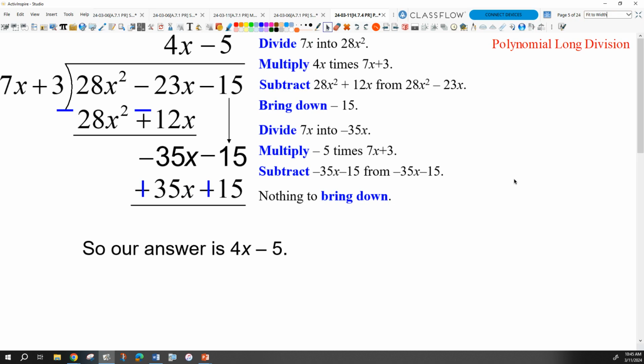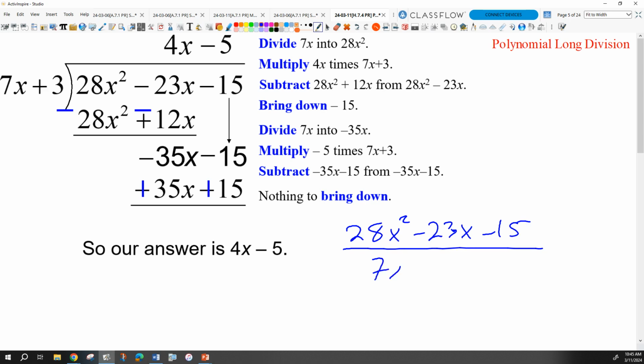We wrote this using a division symbol, but if I write this as a fraction, isn't this the same thing as saying 28x squared minus 23x minus 15 divided by 7x plus 3 equals 4x minus 5?